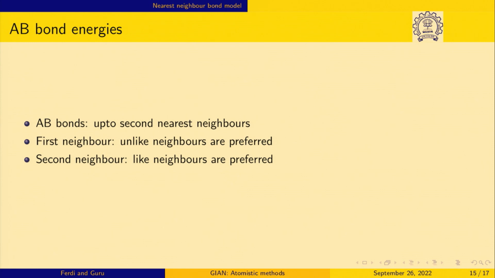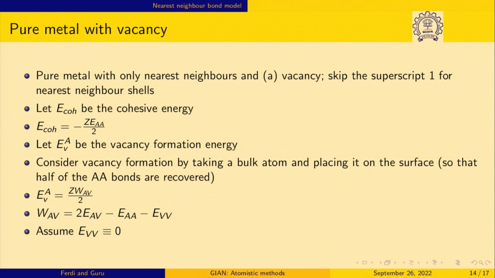So, this is one part: how do you get the bond energies. Now, these bond energies are in which units? What is the unit of cohesive energy? What is the order of bond energy?